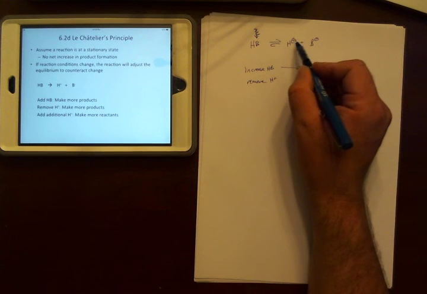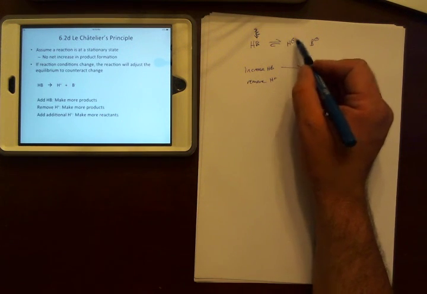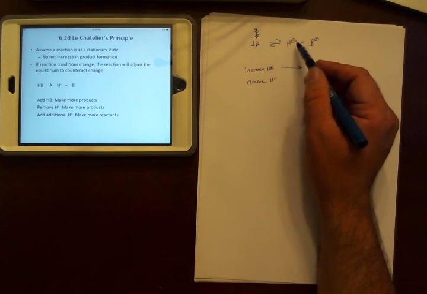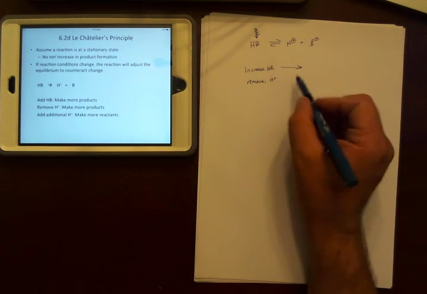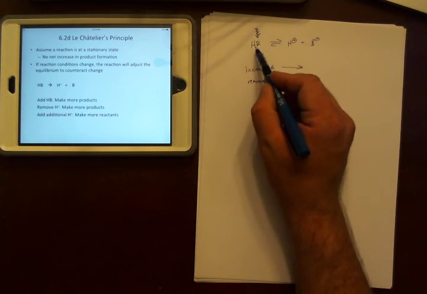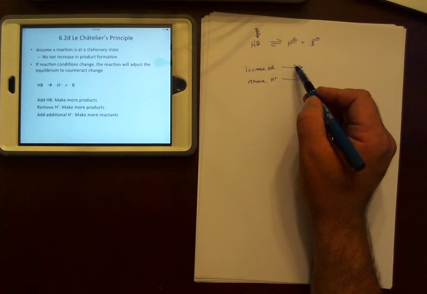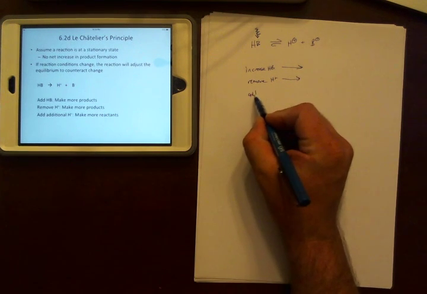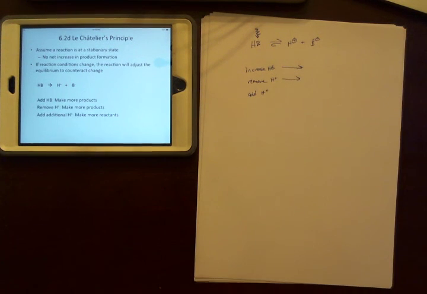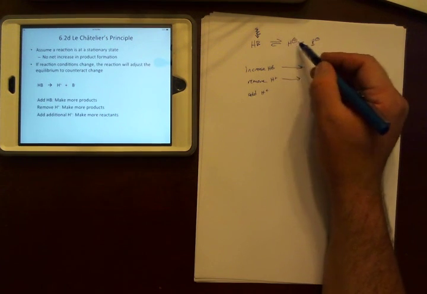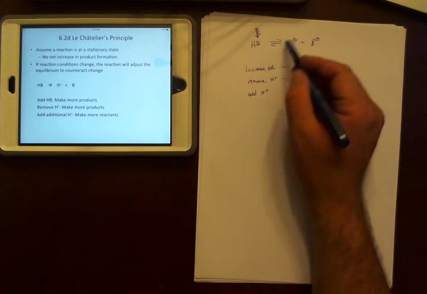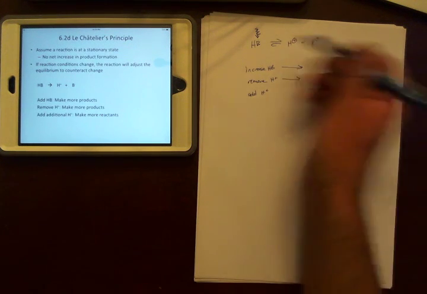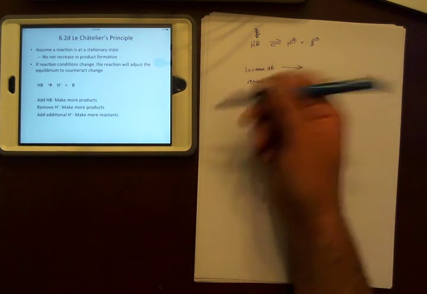If we get rid of all our H plus, the system will realize we don't have enough H plus, so it's going to push it this way. So you can either add here or remove this. Conversely, if we add H plus and drop the pH, the system will say we have way too much on this side, so it's going to drive the reaction back that way.